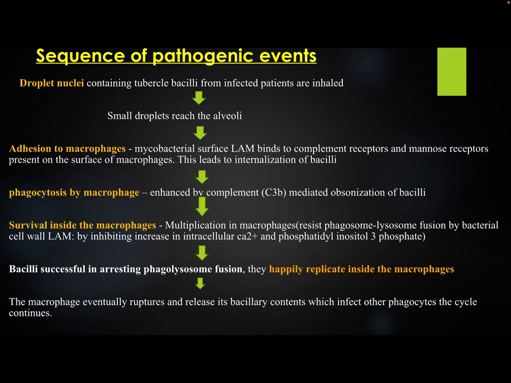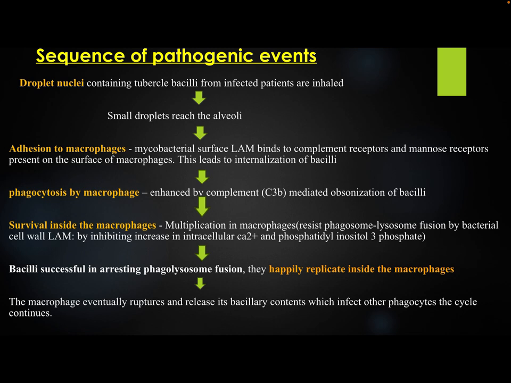That is, mycobacterial surface lipoarabinomannan binds to the complement receptors and mannose receptors present on the surface of macrophages, and this leads to internalization of the bacilli. The next step is phagocytosis by the macrophage, which is enhanced by C3b complement mediated opsonization of bacilli.